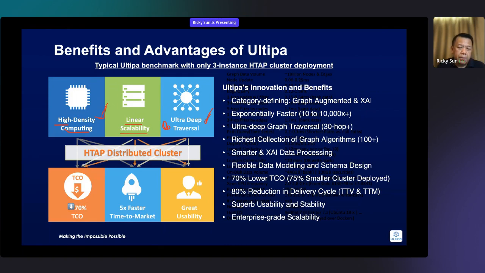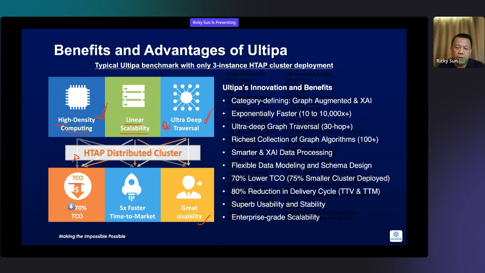And we do know that by leveraging HTAP, you can potentially achieve all the things that you want. These are more like the results you can potentially achieve: lower TCO, much faster time to value, time to market. Of course, usability is another topic.